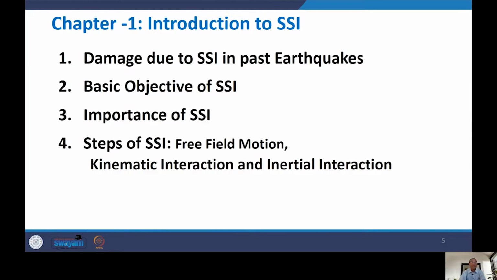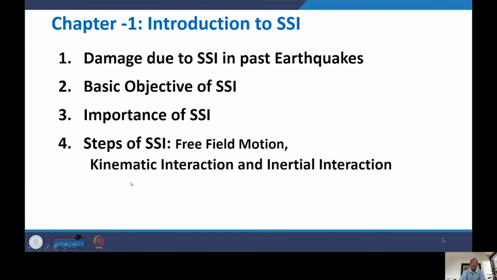So basically, in SSI, the response of the soil will also change the response of the structure. At the same time, how the structure responds for a given load will also influence the response of the soil. So with that, we continue.